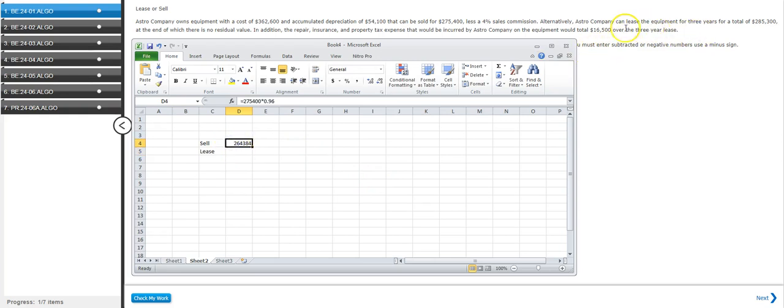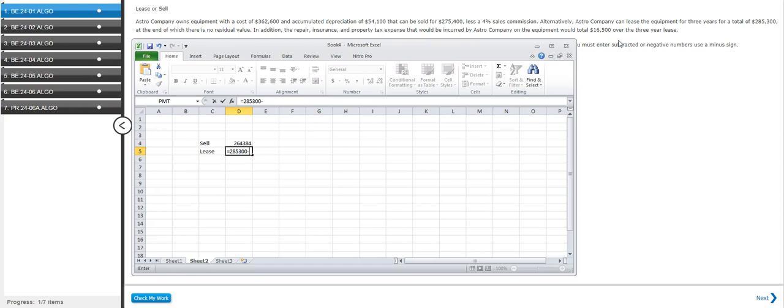If we lease the asset, we can get $285,000. Leasing is renting, so if you've never seen the word, it's equivalent to renting. We can rent it to someone else who'd pay us money monthly, and for a total of 3 years, that'd pay us a total of $285,300 for this asset. But there's going to be costs. If we still own the asset, if we're renting it, we're still the owner.